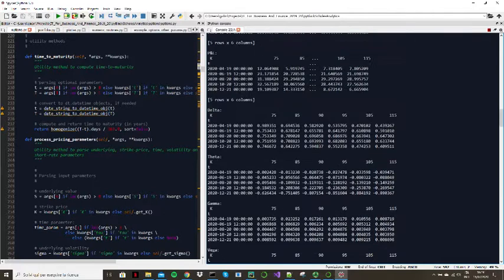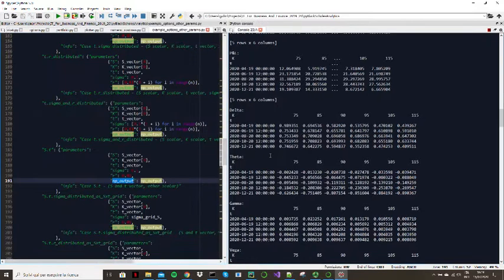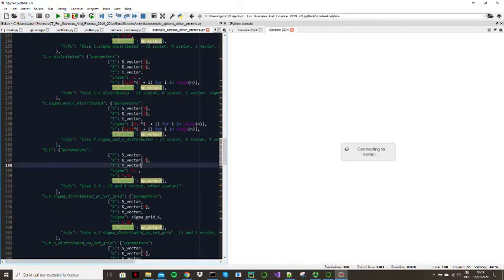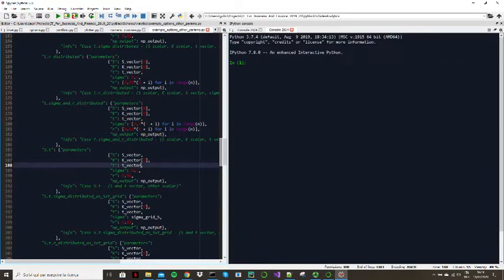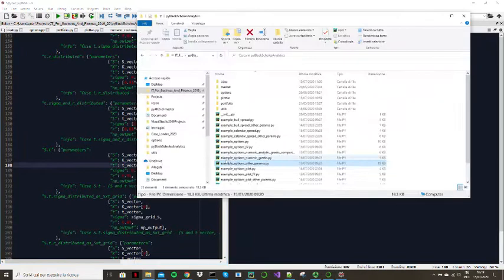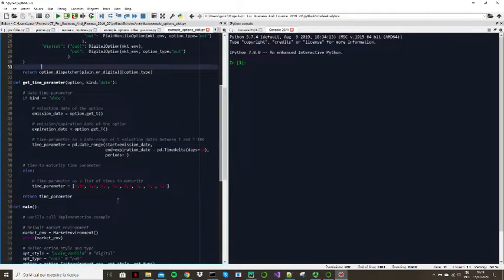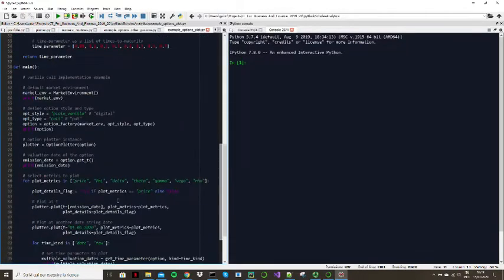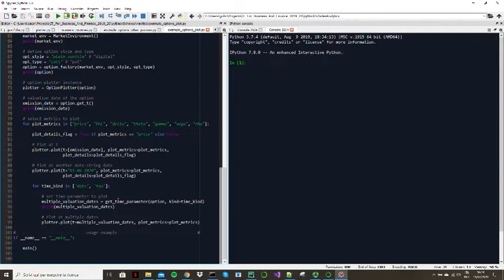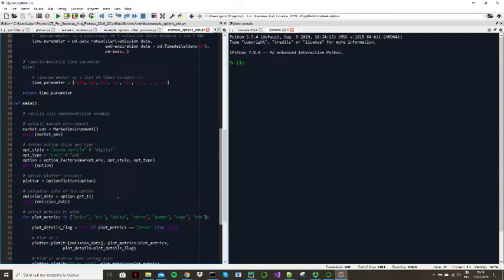Let's see if this is working. We can have a look also at plots, for example. Let's plot this here. This is basically a show-off of the plotting functionalities of two-dimensional plots.